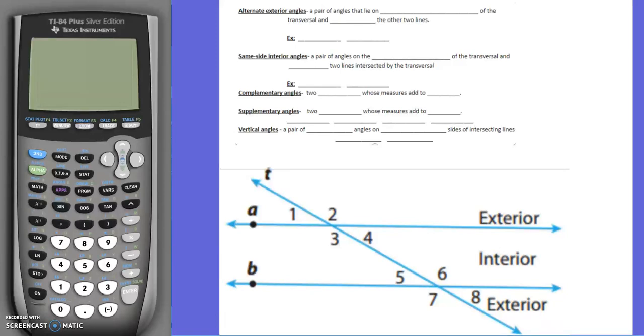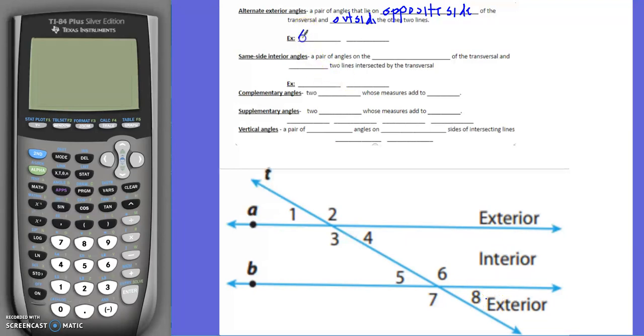Alternate exterior angles. A pair of angles that lie on opposite sides of the transversal and outside the other two lines. So an example, 1 and 8. They are on alternate sides, or opposite sides, of the transversal, but they're both on the exterior.